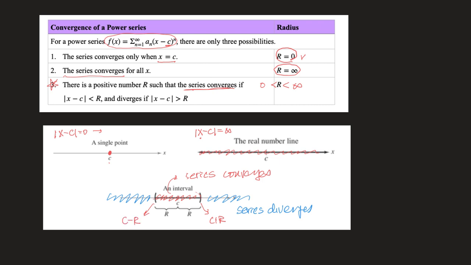This endpoint we don't know. We only know that inside, the x values make the series converge. Outside this boundary, the series is going to diverge. But at the endpoints, we have no idea. We're going to talk about that later. Let's focus on the radius of convergence.